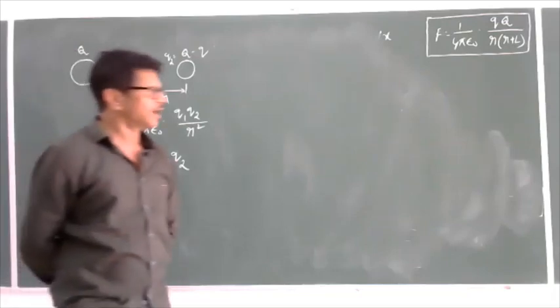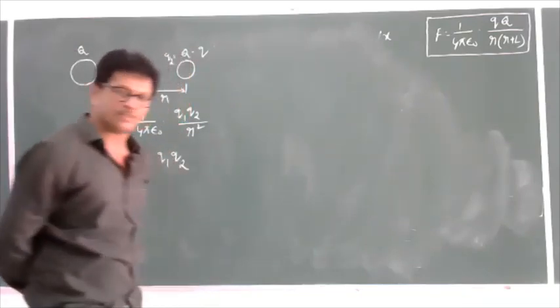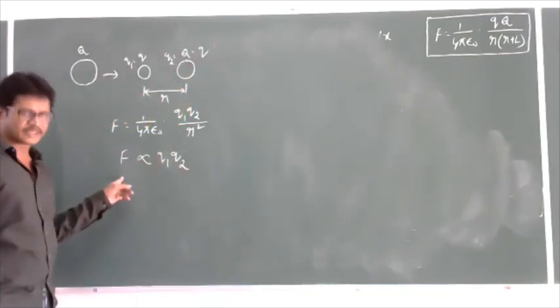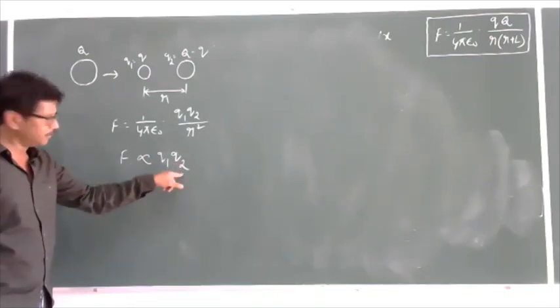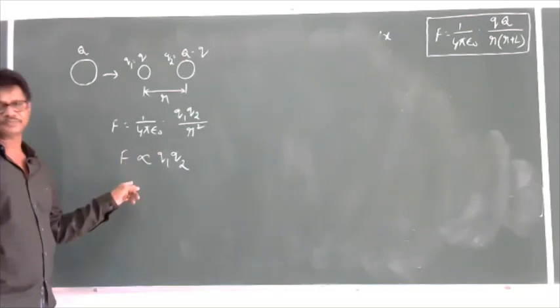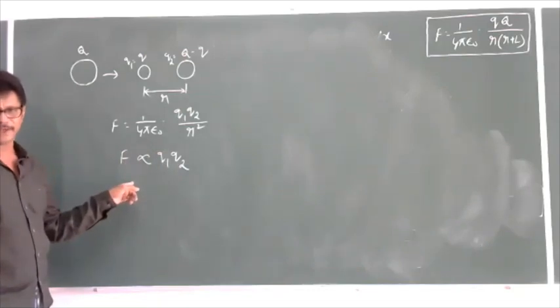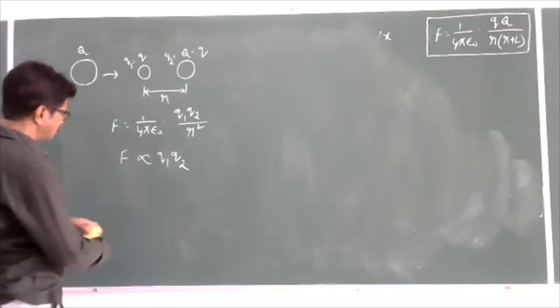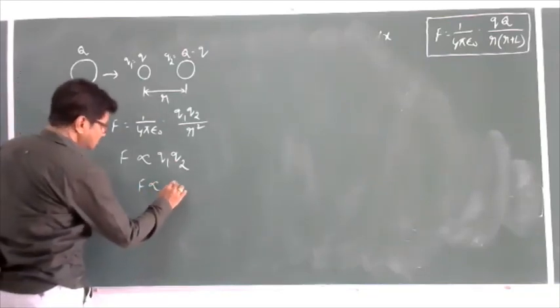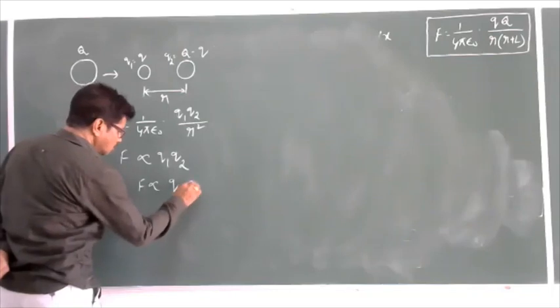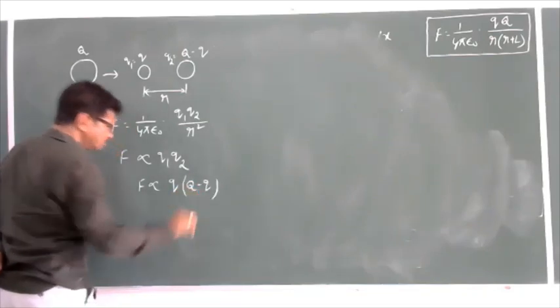If the product of Q1 and Q2 is maximum, the force is maximum. If the product of Q1 and Q2 is minimum, the force is minimum. So F is directly proportional to q into Q minus q.